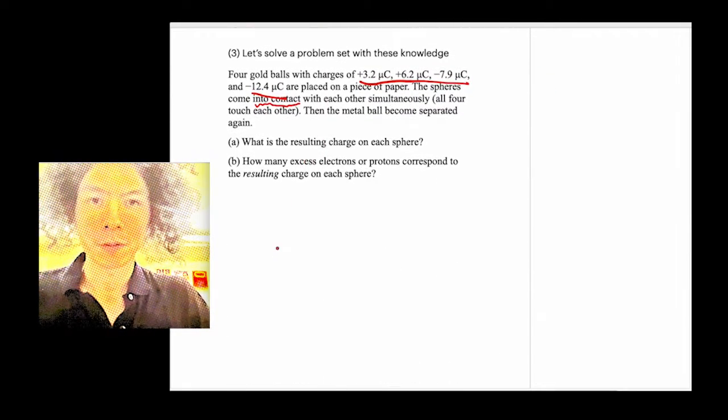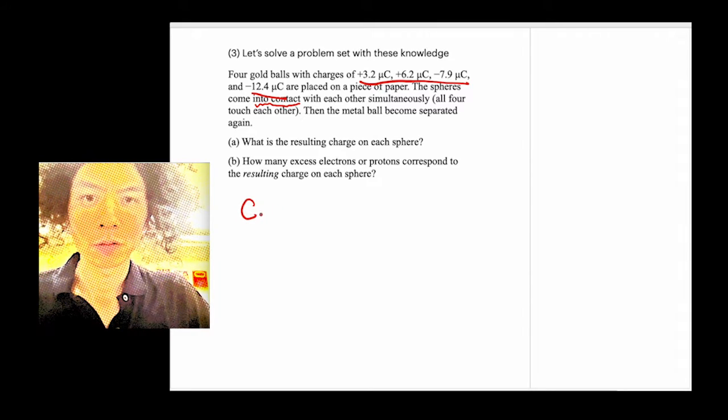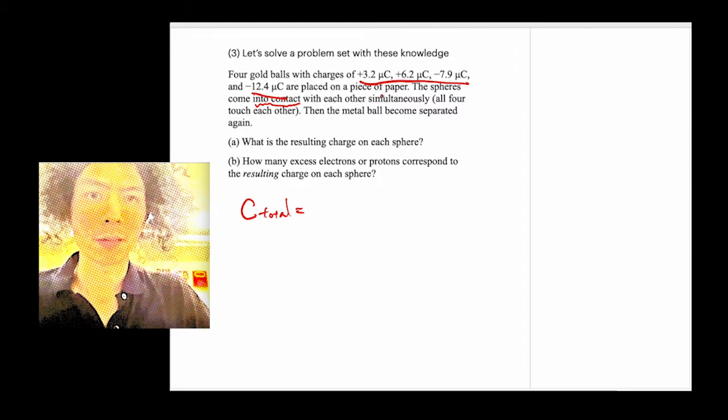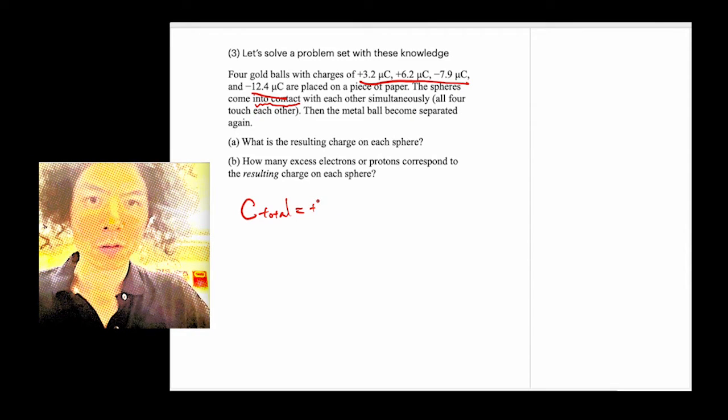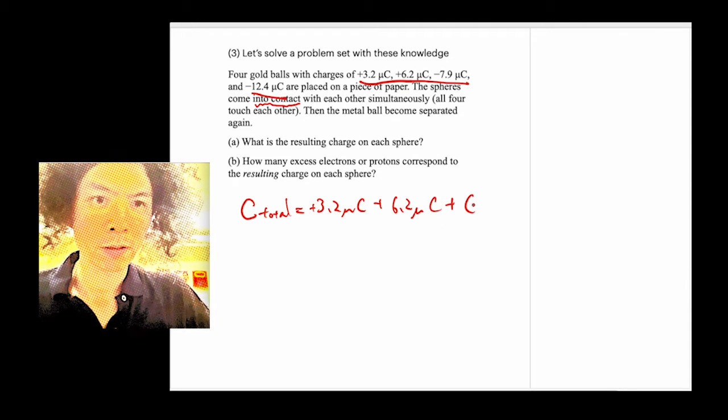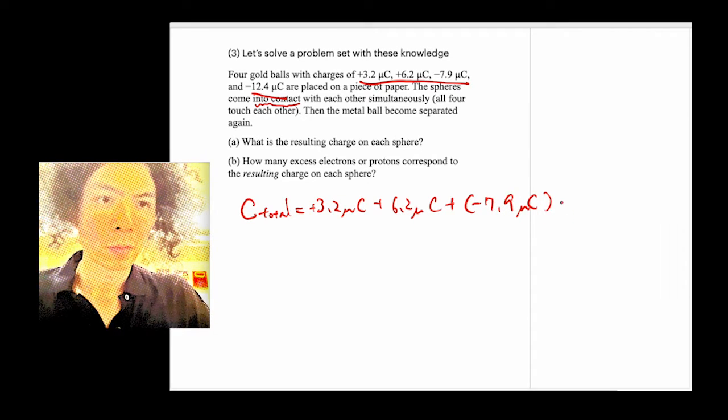The total charge can be obtained by adding these four values: 3.2 microcoulomb plus 6.2 microcoulomb plus negative 9.8 microcoulomb plus negative 12.4 microcoulomb.